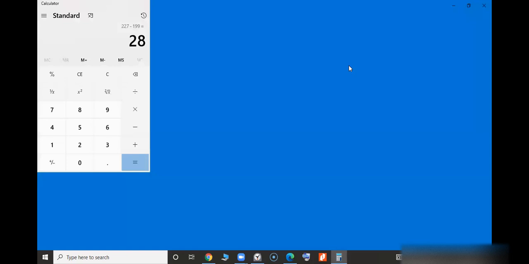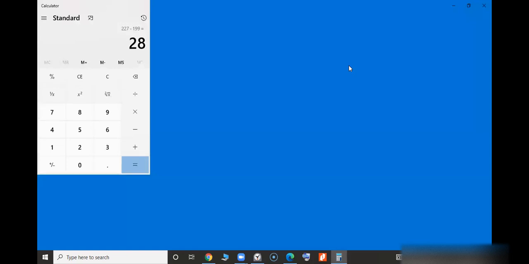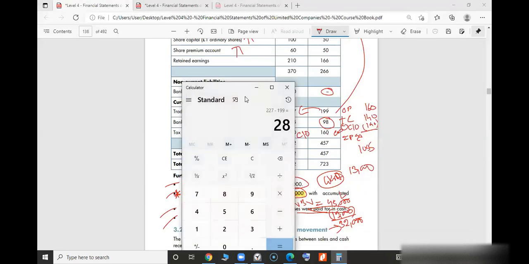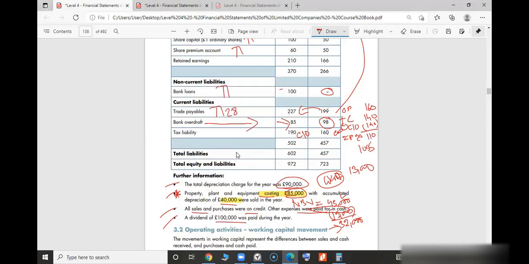Oh my gosh, my calculator. Okay, 110. I'm taking your answer. Just quickly doing it here. 160 plus 140 minus 190 equals 110. That's true. That is your tax paid.